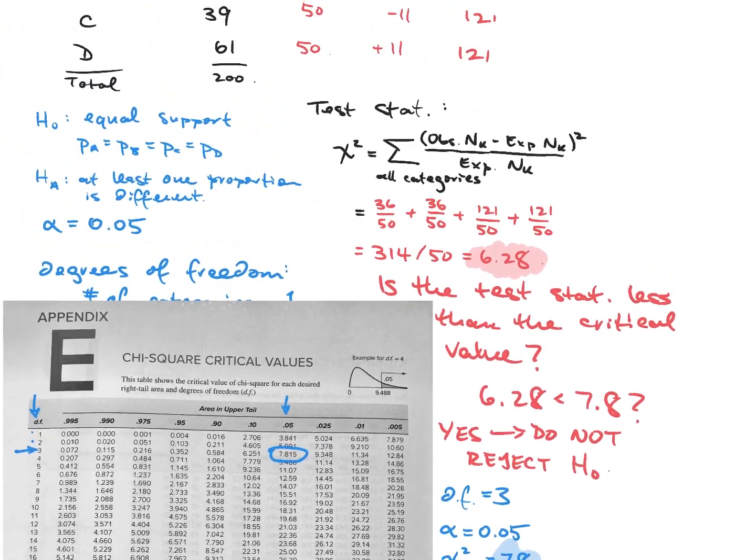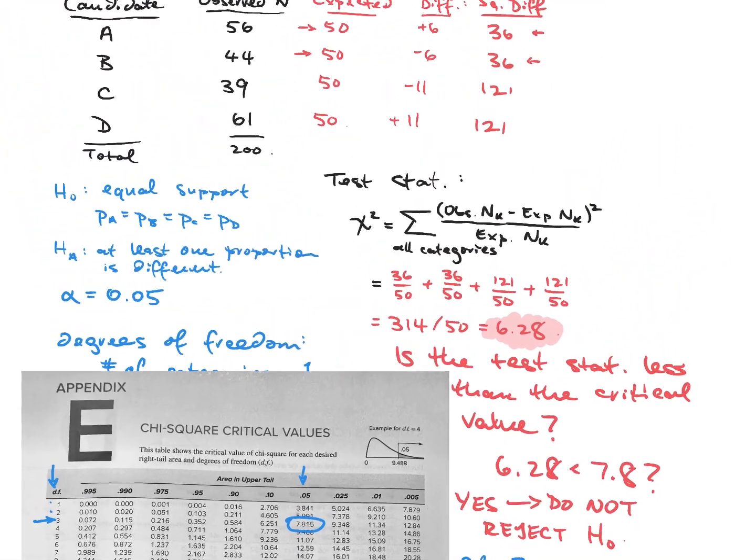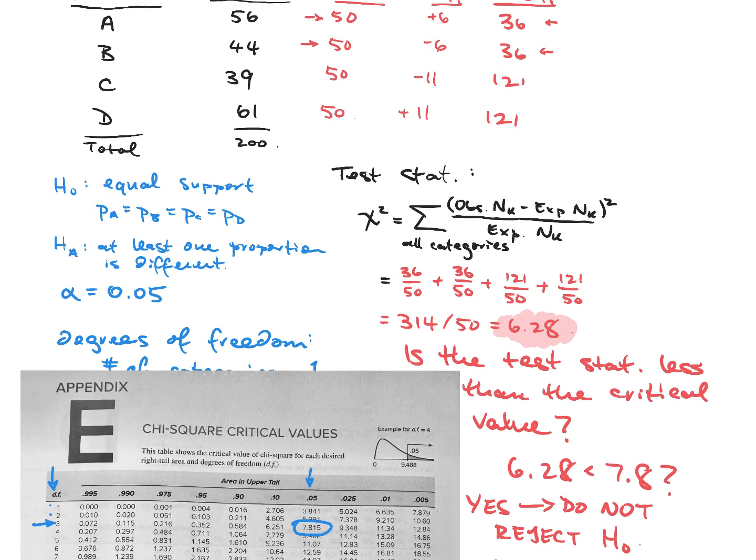In other words, when we look at these data with the 4 groups, the numbers in the groups are 56, 44, 39, 61. That's not enough deviation from being equally spread that we can reject the hypothesis that all the candidates have equal support.